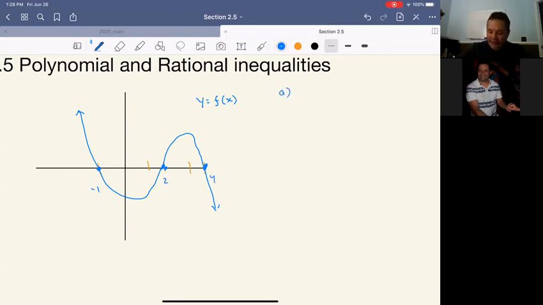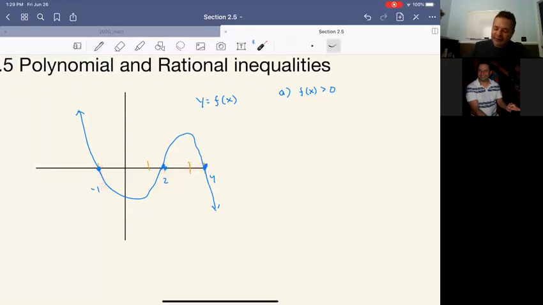We could ask, well, when is f of x strictly greater than 0? So you pick the x values, right? So you're going to pick the x values that are before -1 and between 2 and 4. All right?